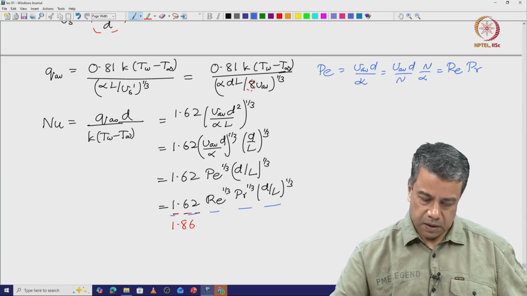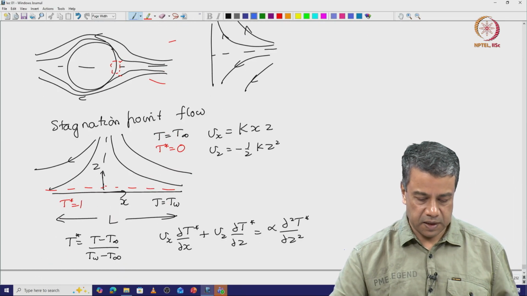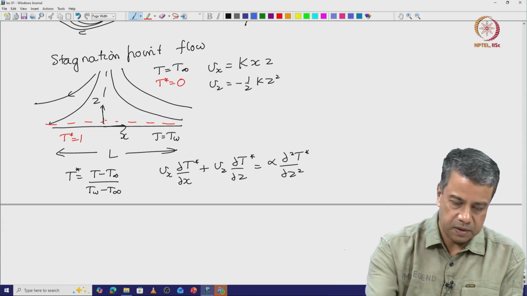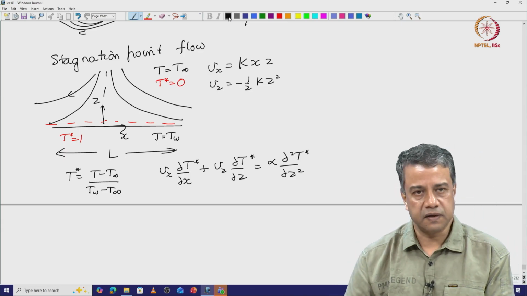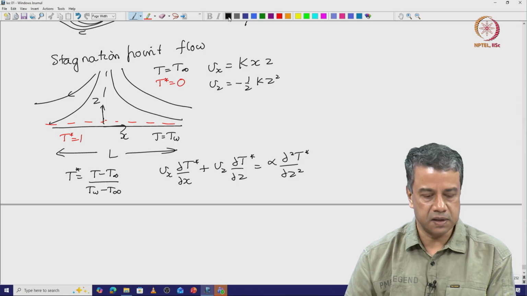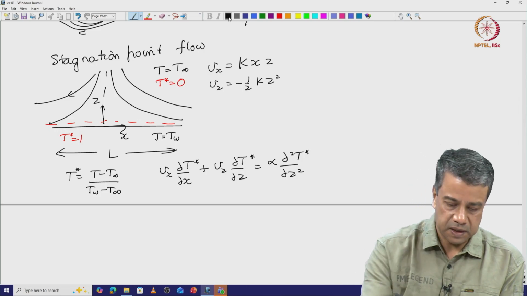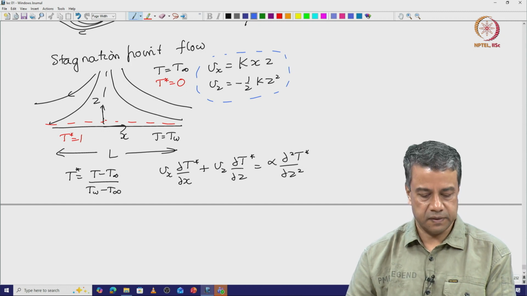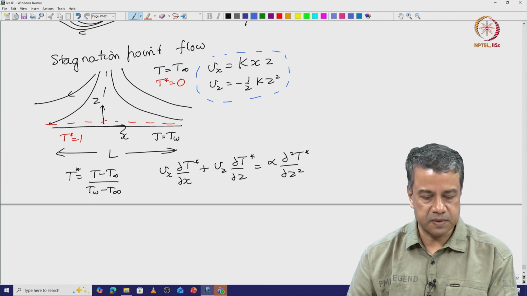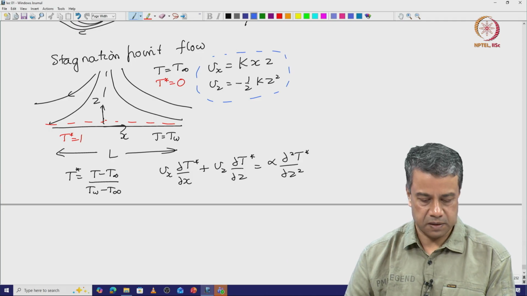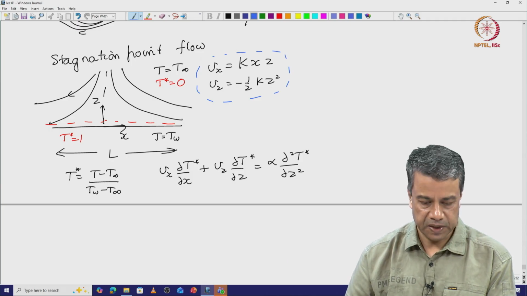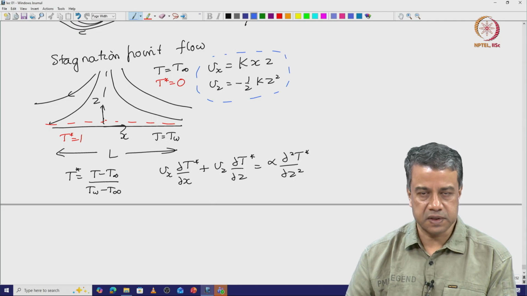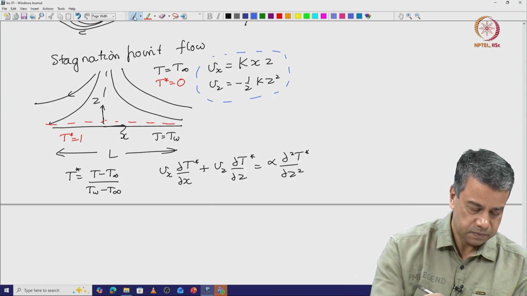Next, we were trying to analyze the flow at a stagnation point. T is equal to T infinity far from the surface, T is equal to Tw at the surface. The z velocity is towards the surface, so it is negative, and the x velocity is along the surface, so it is positive. We substitute that into this conservation equation and solve it using this approximation for the velocity close to the surface.